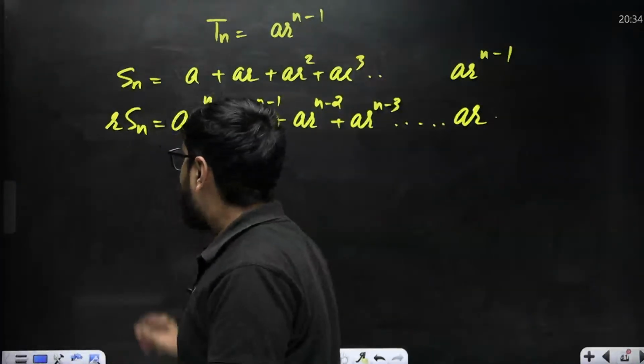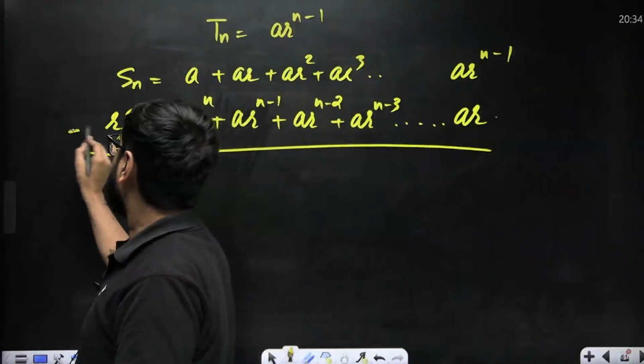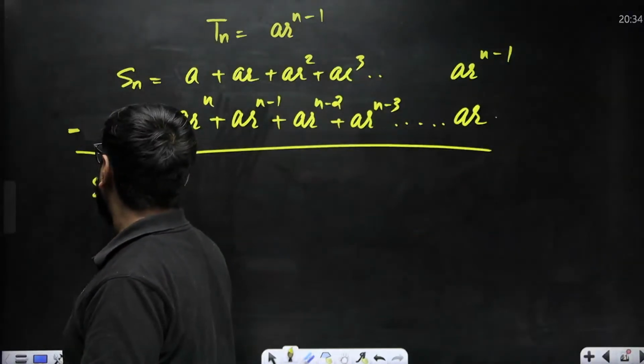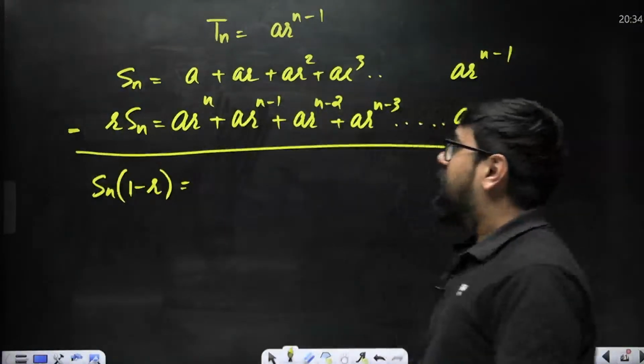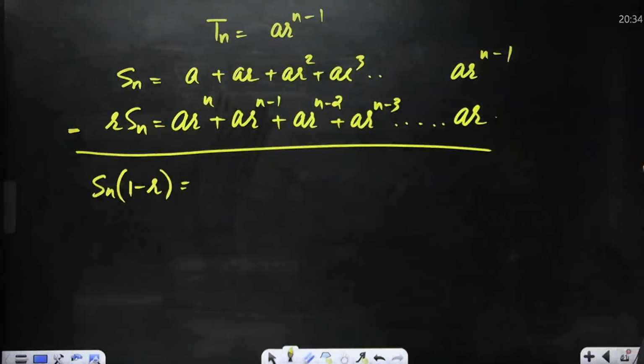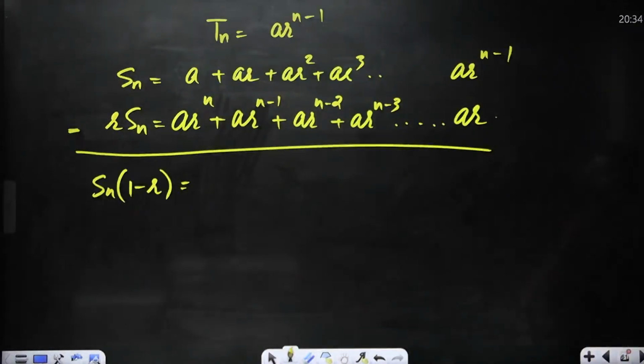Now subtract these two. So Sn will come out as common. What will I have? 1 minus R, A minus AR to the power n, and AR minus AR to the power n minus 1. If I do this, getting my point?